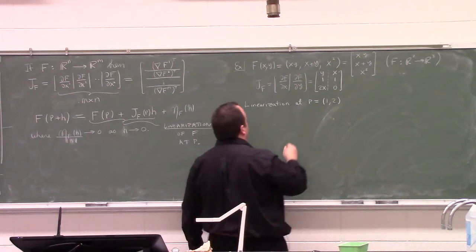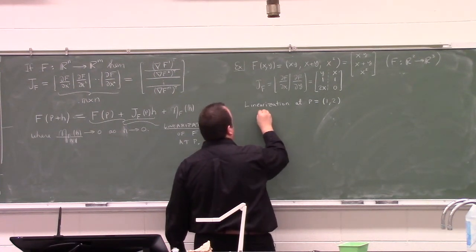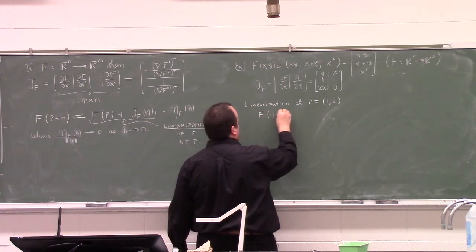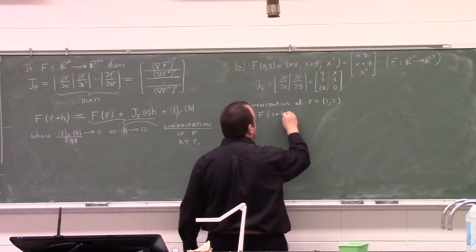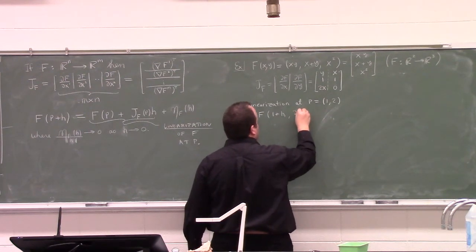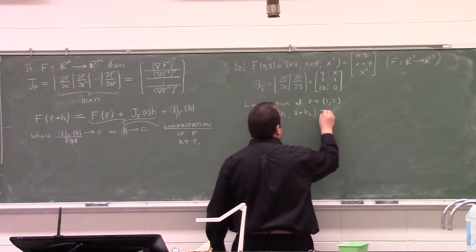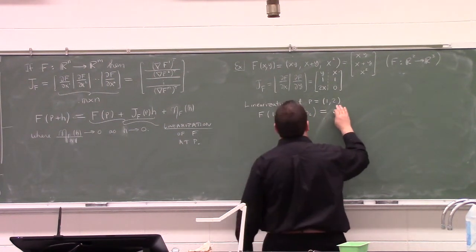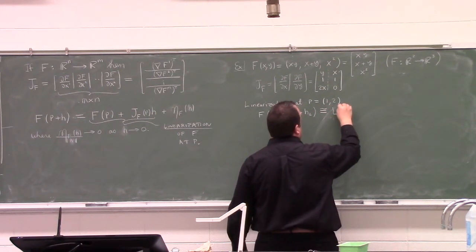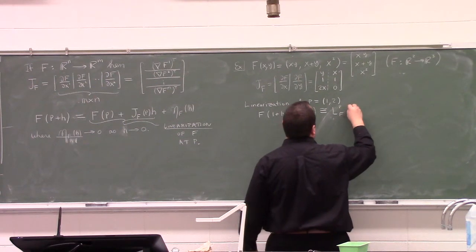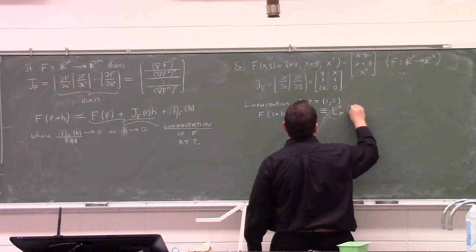So notice that if we were to look at f of (1 plus h1, 2 plus h2), you'll forgive me, I'm writing subscripts, that should be approximately equal to the linearization of f at the point p acting on h1, h2.